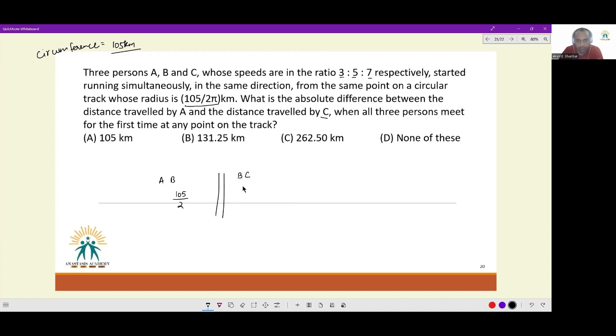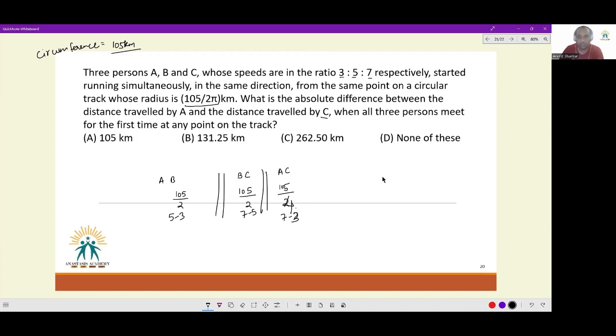B and C will meet after 105 by 2 or 52.5 hours, and A and C will meet after 105 by 4. This 2 comes from 5 minus 3, this 2 comes from 7 minus 5, this 4 comes from 7 minus 3.